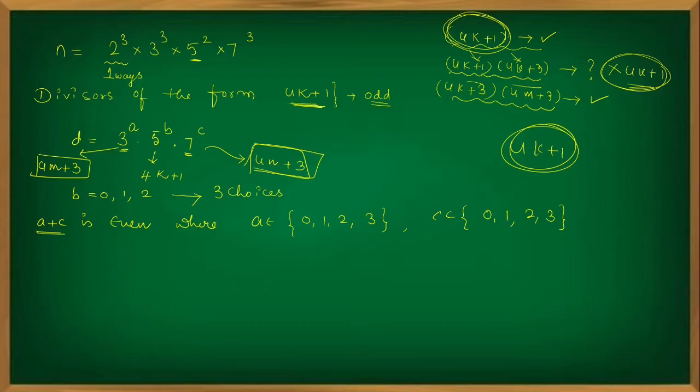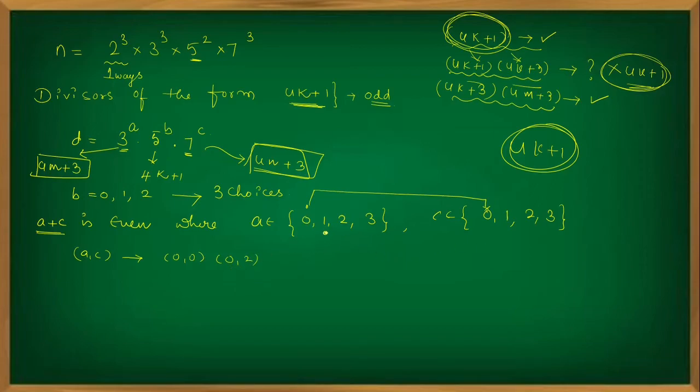So can you tell me how many choices there are for A and C if A plus C is even? Let us count the choices for A comma C. You can take 0 comma 0, right? Or you can take 0 comma 2; 0 plus 2, A plus C becomes even. 0 comma 3 you cannot take.